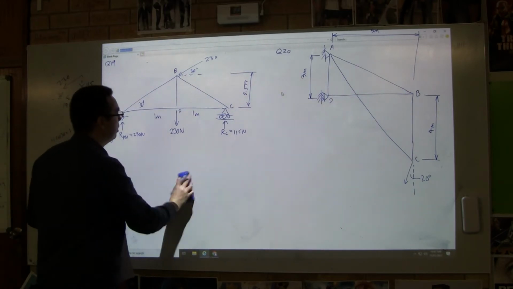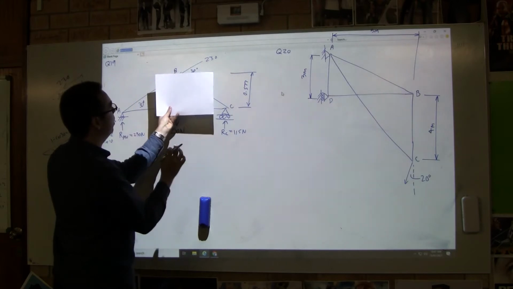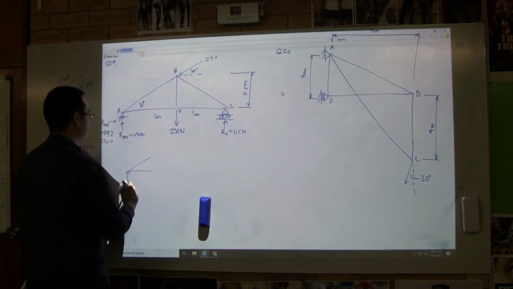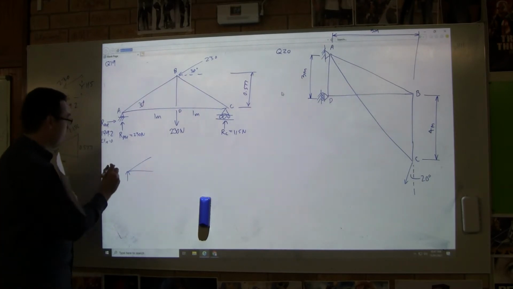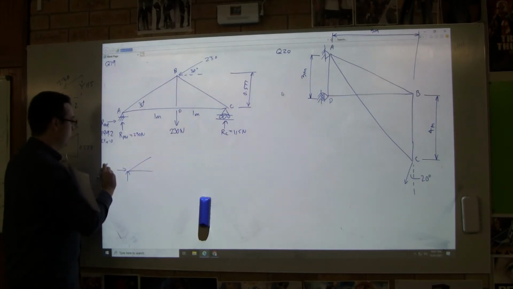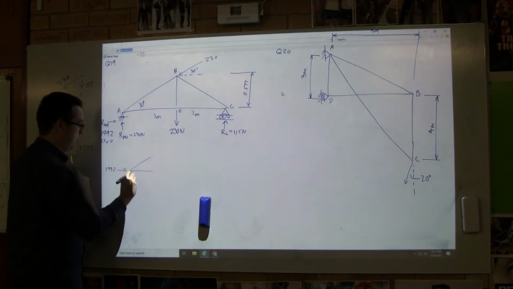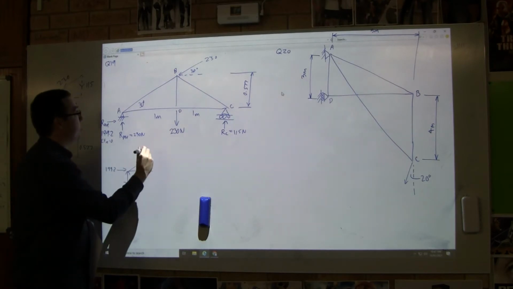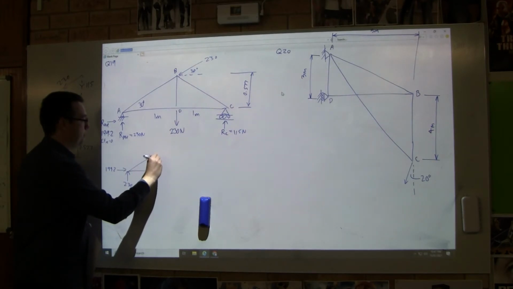So that's why we're going to cut it this way, and we're going to look at that. I don't like that it means looking at two forces, but it's better than nothing. Now, what I can see here is we want to find AB.